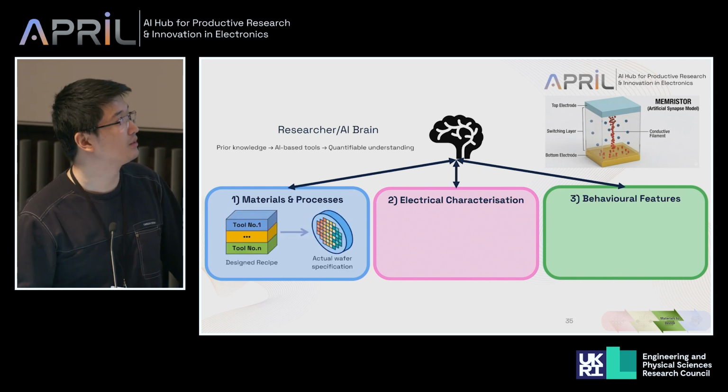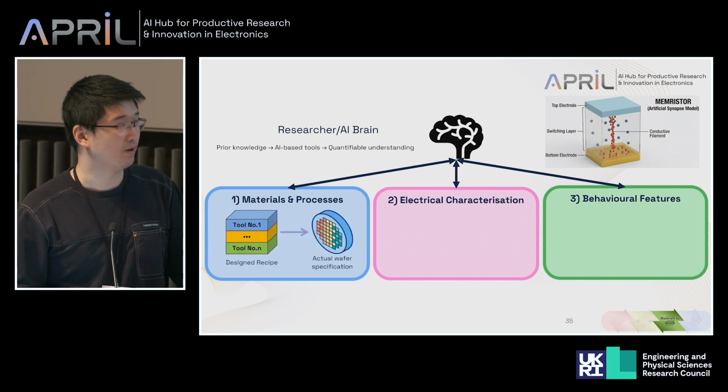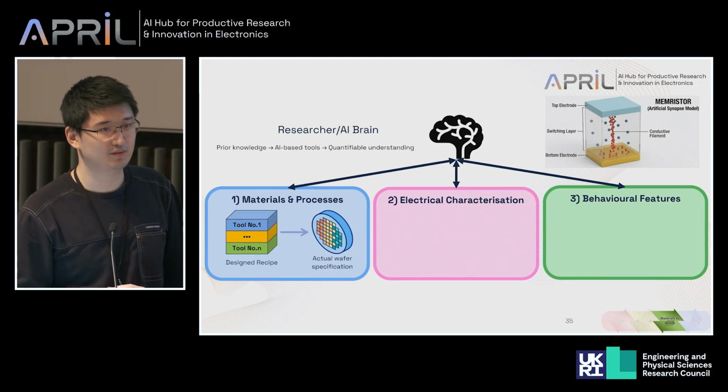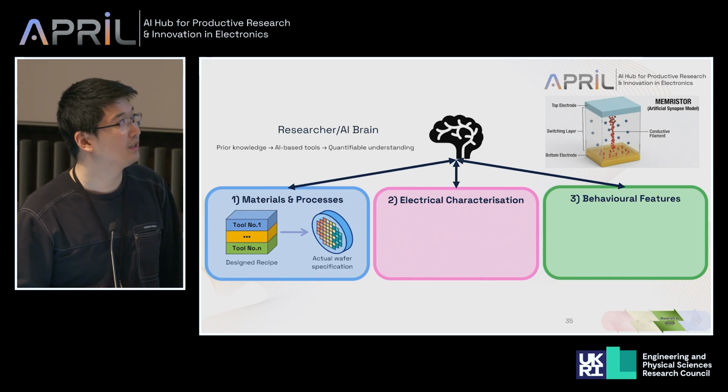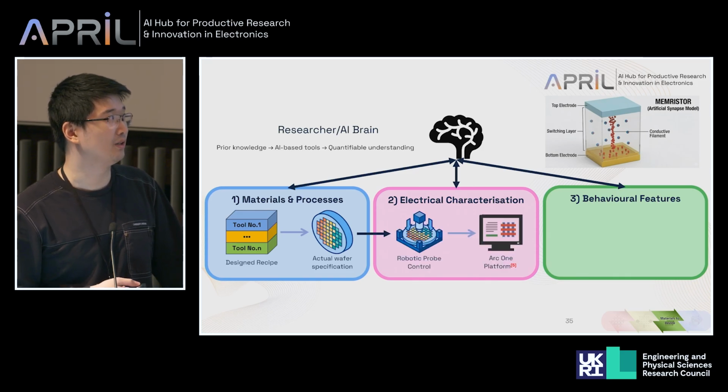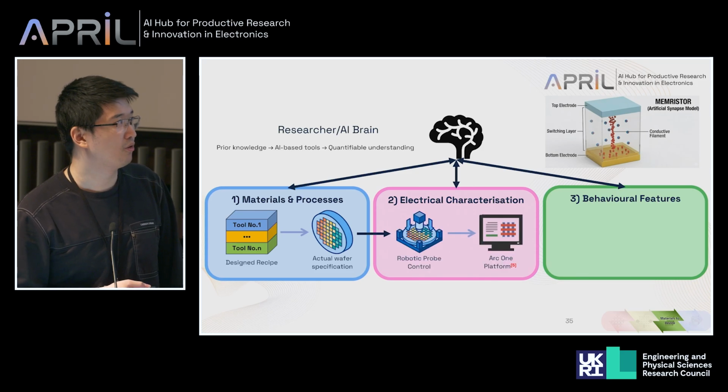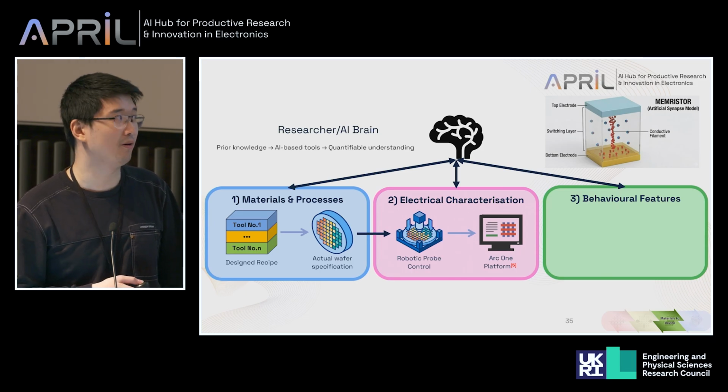For the first stage, we are collecting all the step recipes, fabrication recipes, including ALDs, filtering, etc. Each wafer will have a fabrication record. And then we put it into robotic probe controls with the ARC1 measurement board.